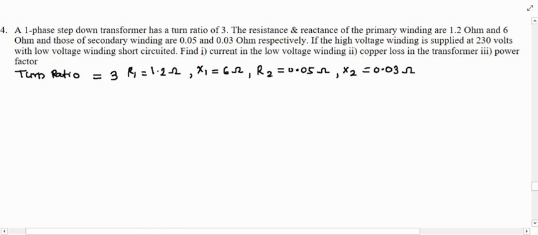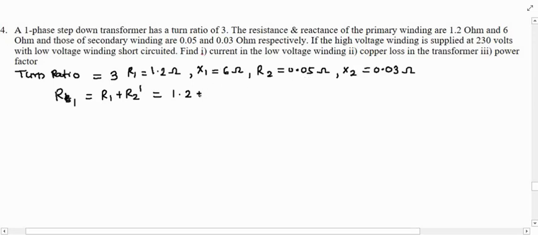Now referring to the HV side, I will find the equivalent resistance of the transformer. That is RT1, which equals R1 plus R2 dash, which is 1.2 plus R2 divided by K square.